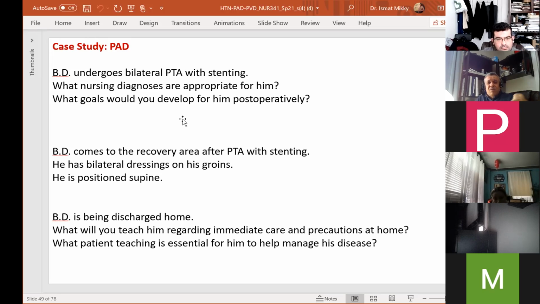Remember the CMS: color, motion, sensation, capillary refill, and the presence of peripheral pulses distal to the surgical site. Make sure there is perfusion distal to the operative site, which will be evident with the presence of peripheral pulses.